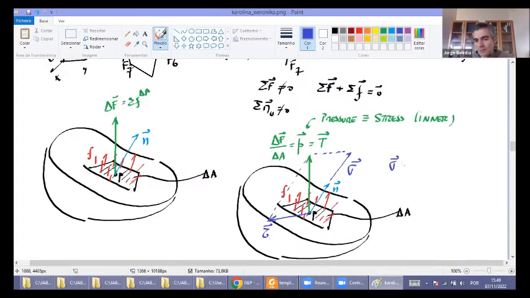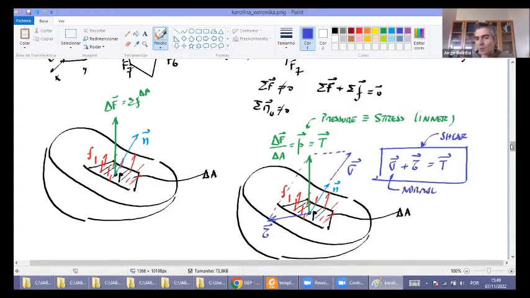So if you sum the sigma with the tau, you get the T again. This is the shear that cuts the bodies, and this is the normal stress that stretches or compresses the bodies.